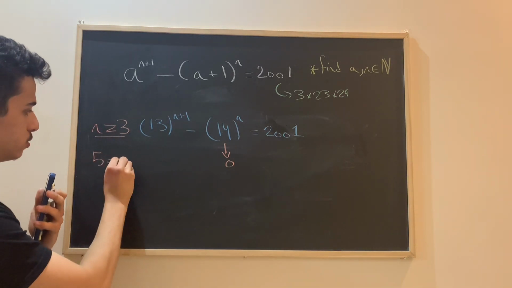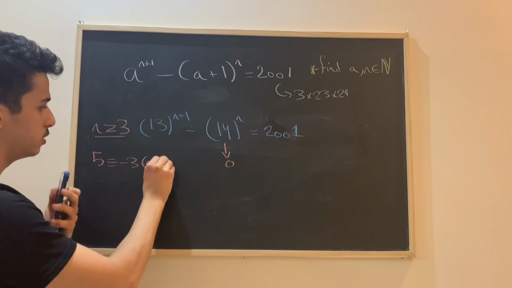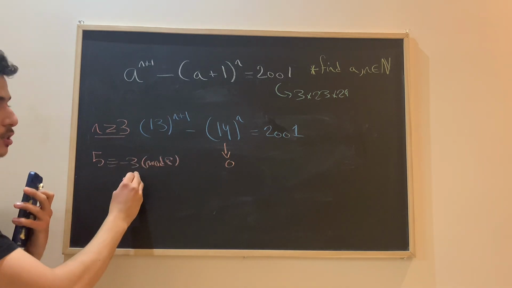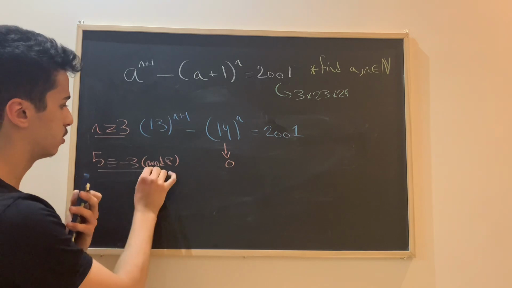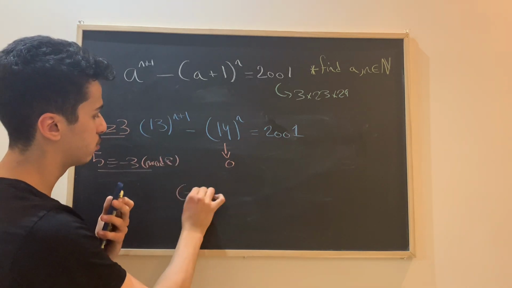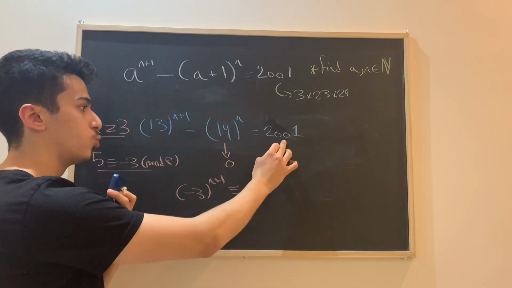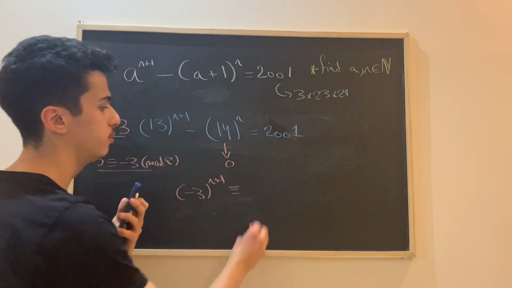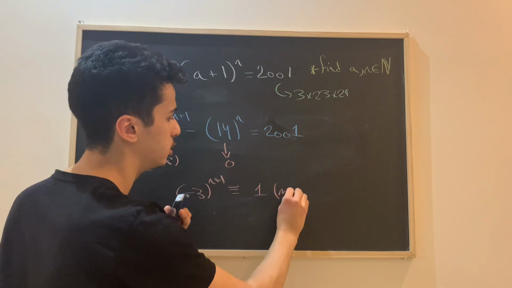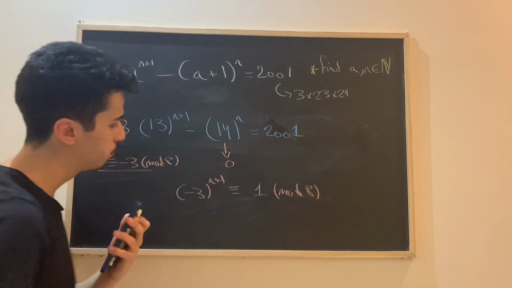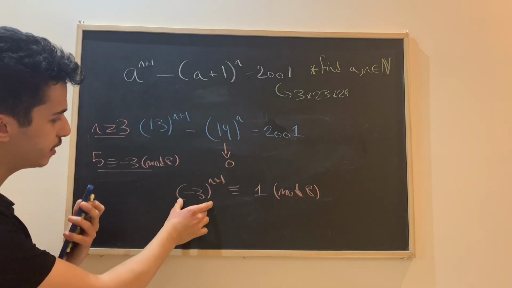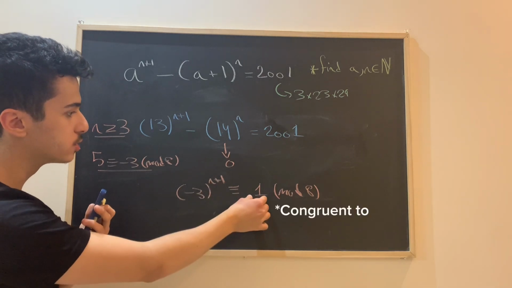You can see this easily if you do 5 minus 3, which is just 8. So negative 3 to the power of n plus 1 is congruent to 2001. 2001 is 1 modulus 8. It will leave a remainder of 1. Now we have negative 3 to a power equals 1.